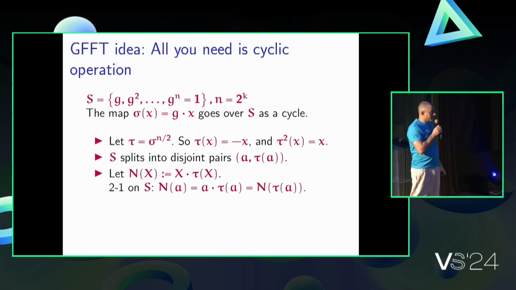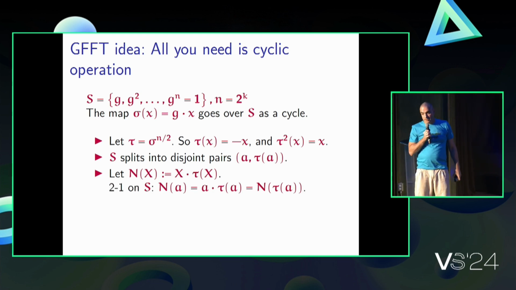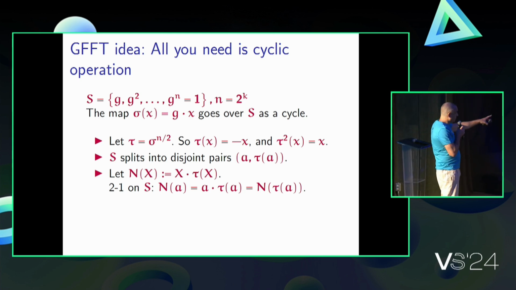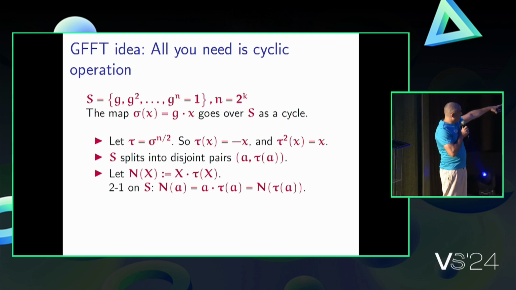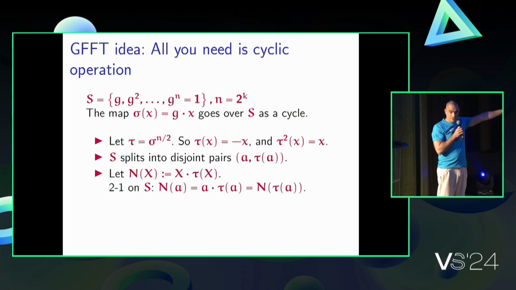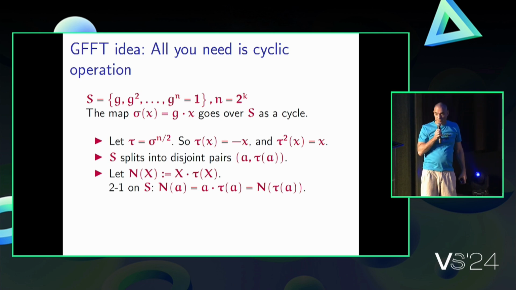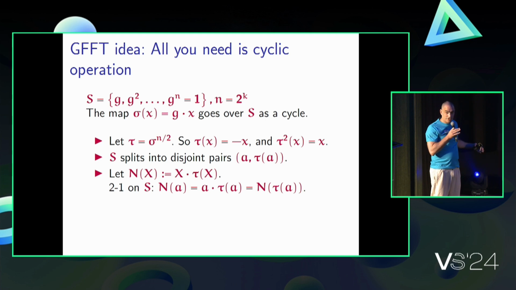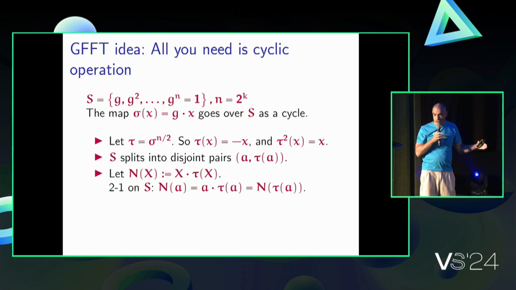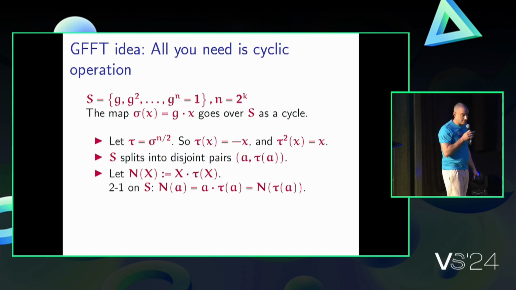And now I claim that this N will always be a 2-to-1 map on S. Why? Because if you do N of A, that's A times tau of A. And because tau is of order 2, if you do N of tau of A, you'll get the same thing. So N gives us this 2-to-1 map. Right, so we got all of this just starting from some cyclic operation on the set S.